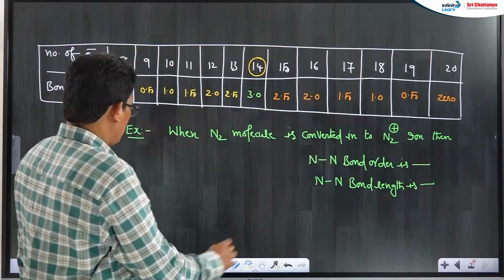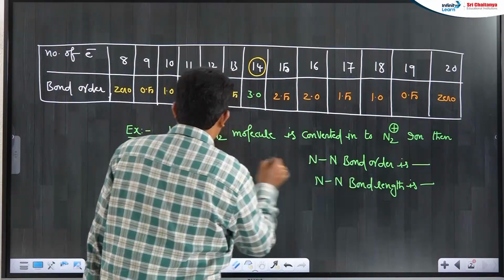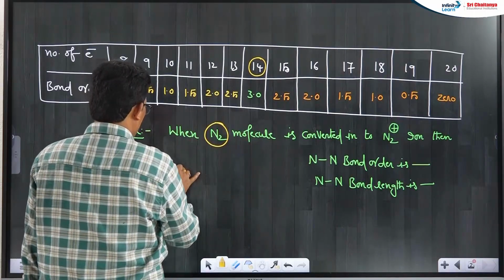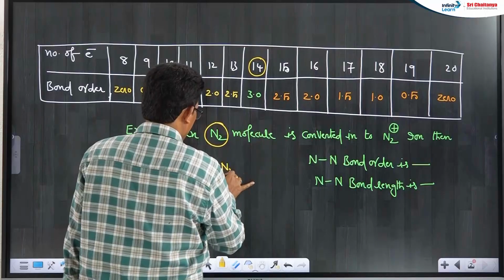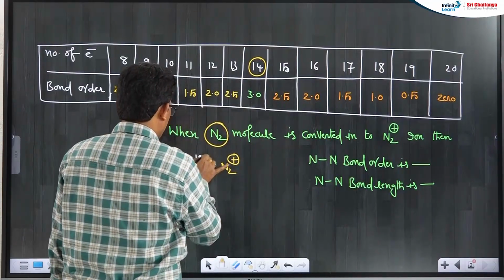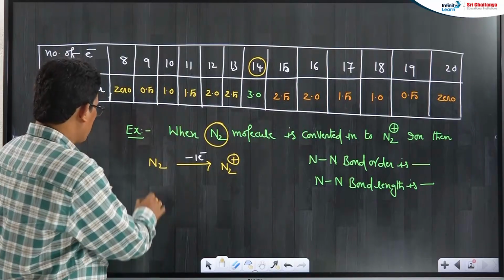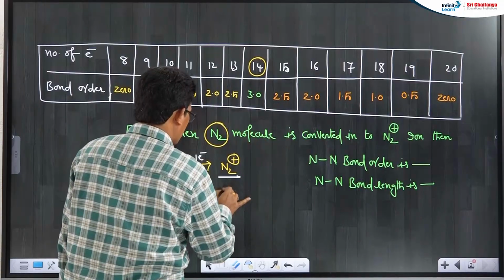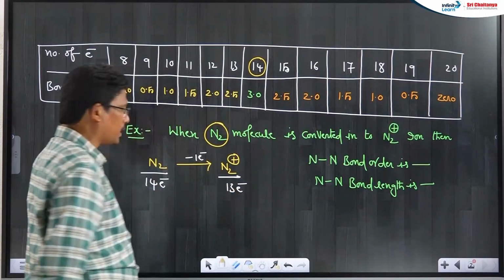Here you already know N2 has 14 electrons. N2 is converted into N2 plus after losing 1 electron, so N2 plus has 13.